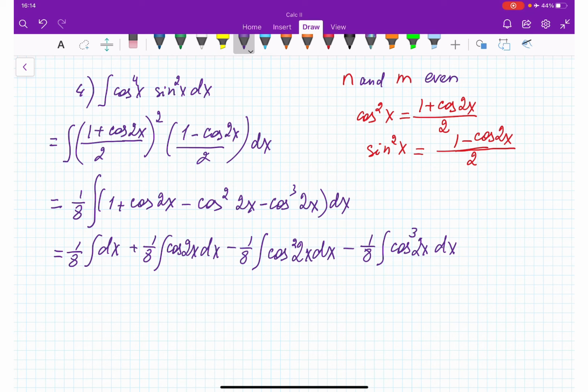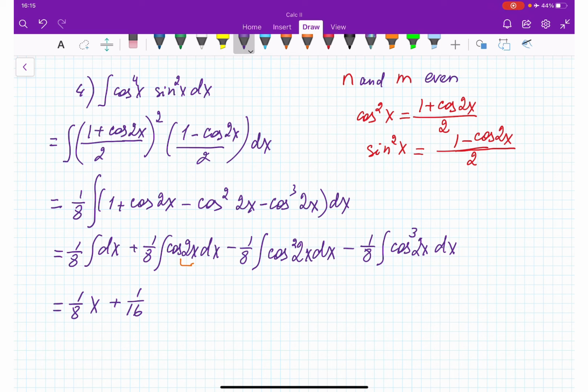Okay, so we are getting 1/8 x, right, plus 1/16. Remember, we have here 2x, which means we need another 2 here, which means we have to divide by 2 also. Look at the previous case I explained.